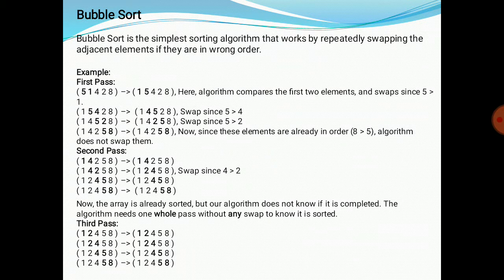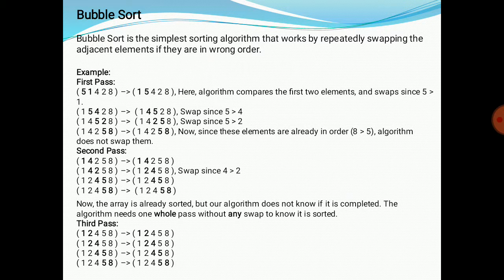But in this example which we have considered here, now the array is already sorted. But our algorithm does not know this. So what happens?